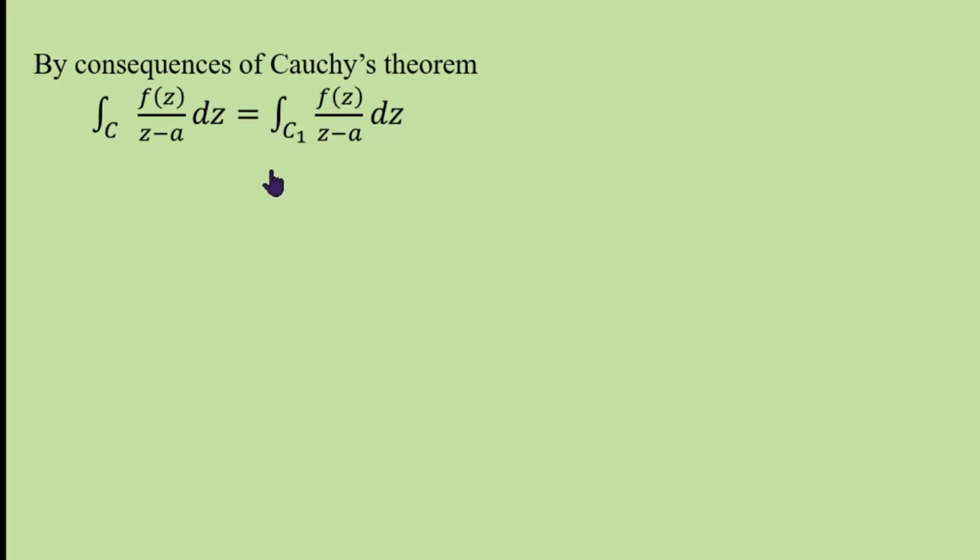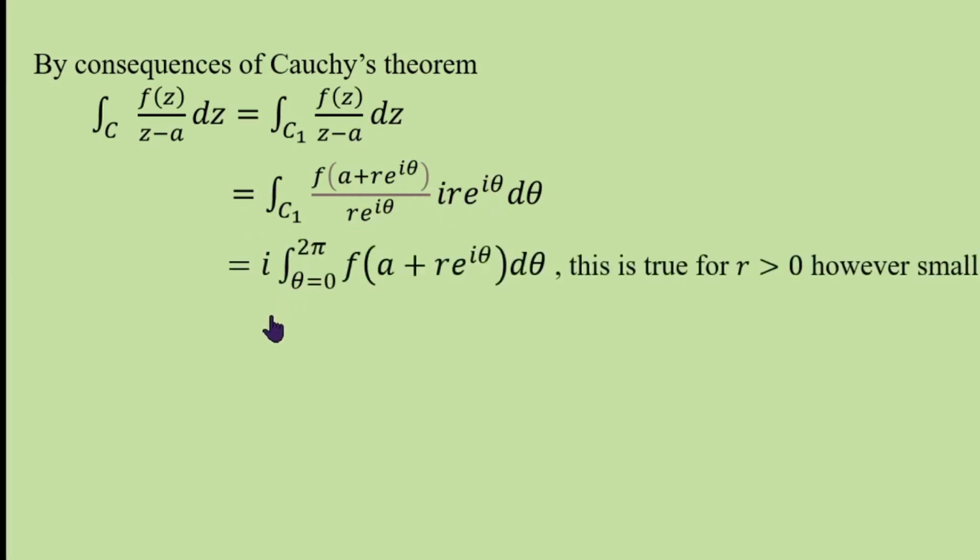The parametric equation of C1: theta varies from 0 to 2 pi and z is a plus r e power i theta. Then z minus a is r e power i theta and dz is i r e power i theta d theta. Here you cancel r e power i theta and take i outside, therefore it is i into the integral from 0 to 2 pi of f of a plus r e power i theta d theta.